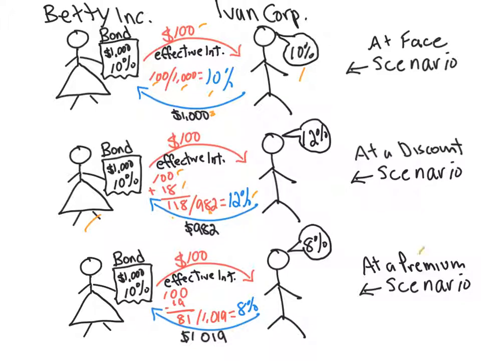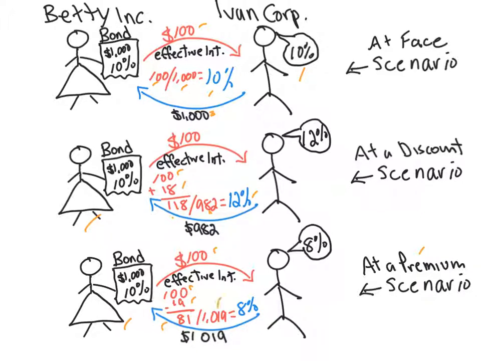On the premium scenario, again, $100 is the initial interest payment to the investor, and then the premium paid by the investor initially reduces the interest expense to Betty, but it also reduces the return to Ivan. So the net return to Ivan is only $81.